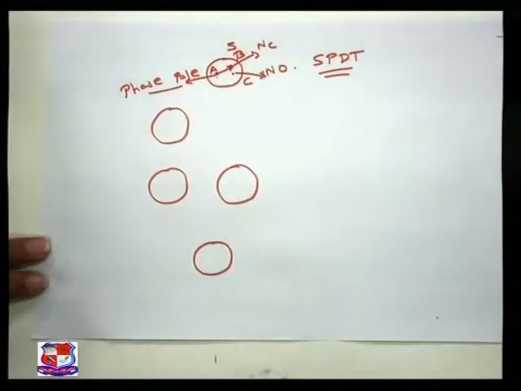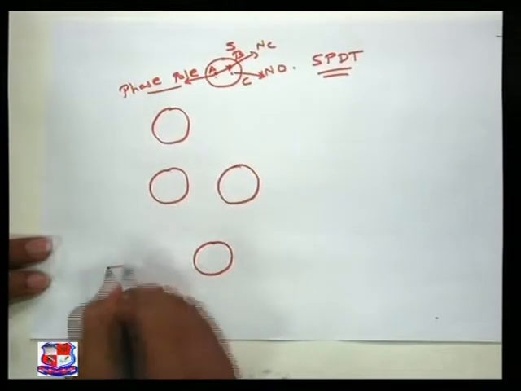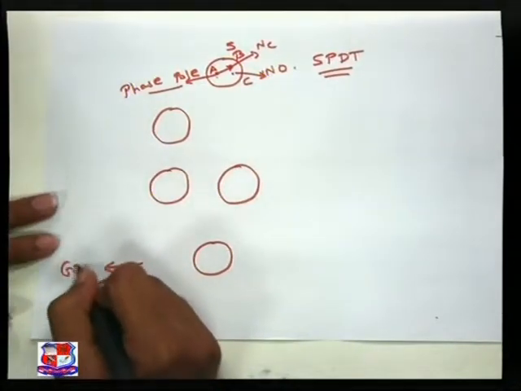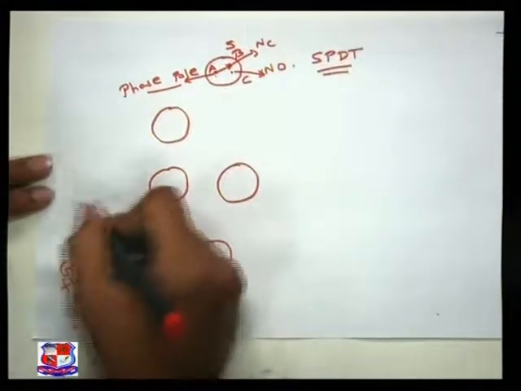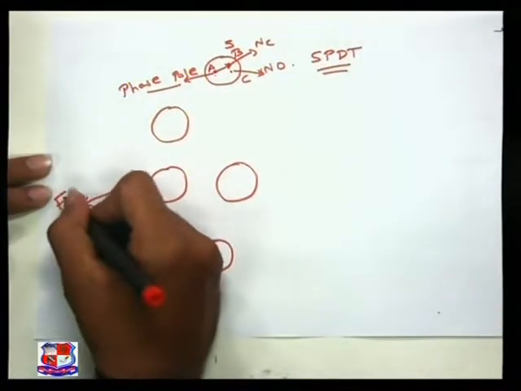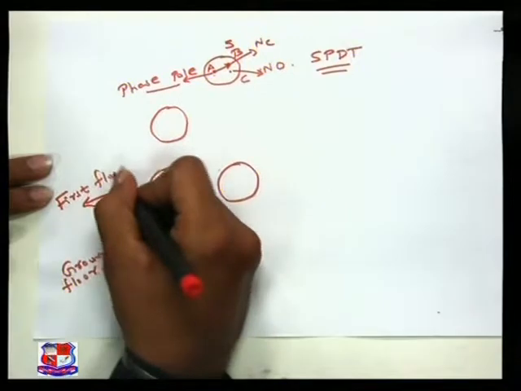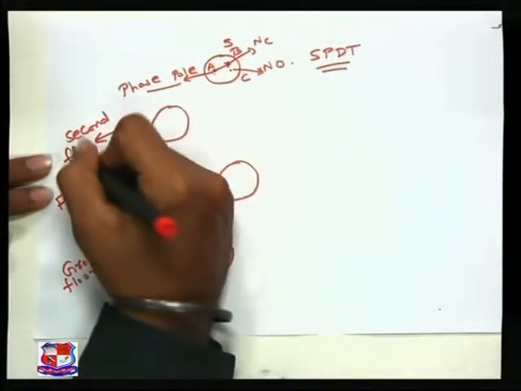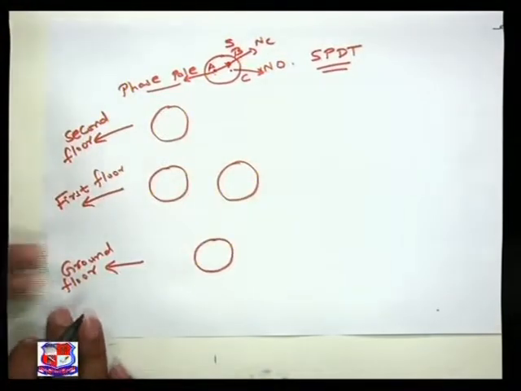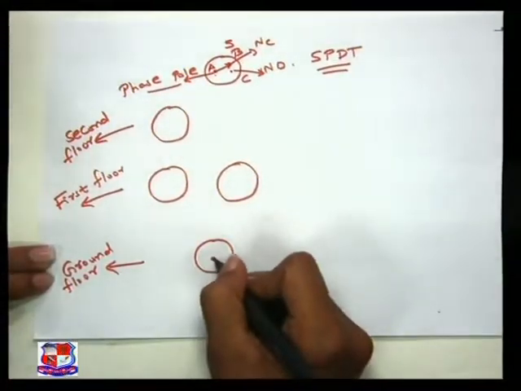Again, we need 4 2-way switches. The first will be the ground floor, this will be the first floor, and this will be the second floor, right?